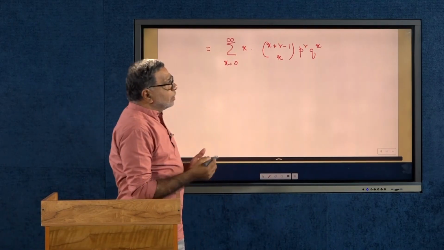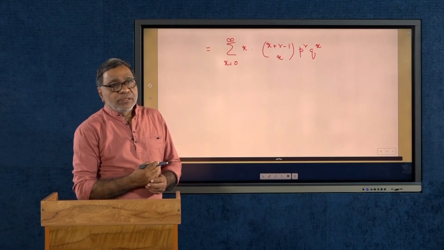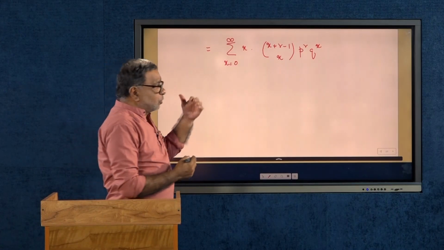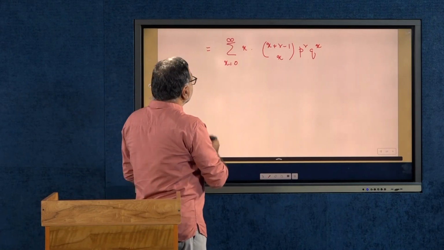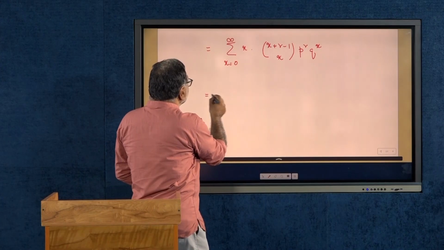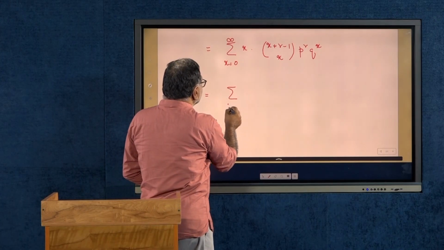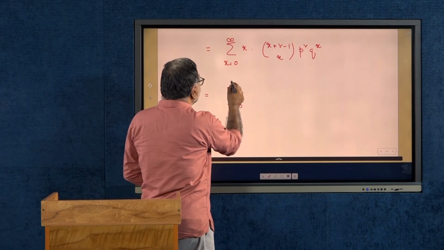And how do you simplify this expression? This is equal to sigma over x is equal to 0 to infinity.